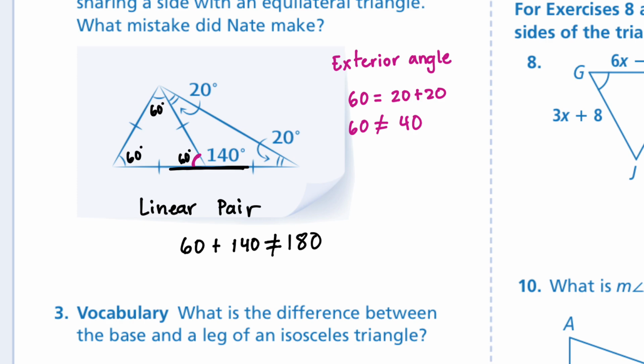So this is also not true. When Nate drew the triangle, this angle should measure 120 degrees, making these angles 30 degrees each.